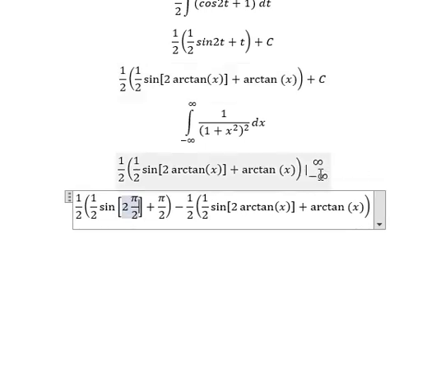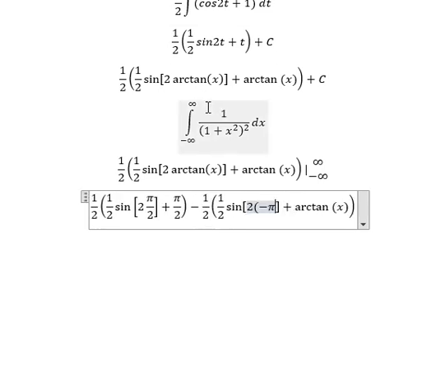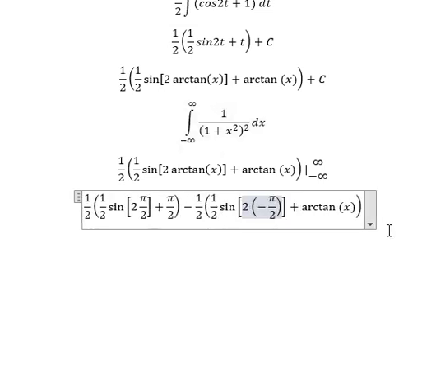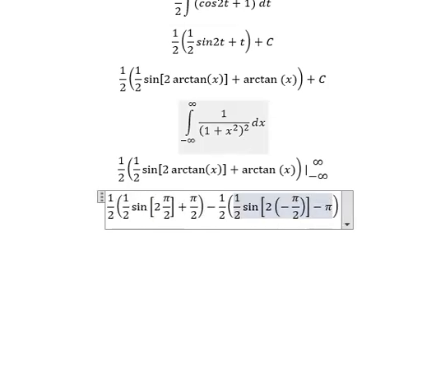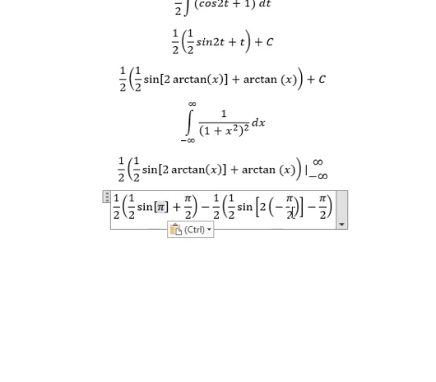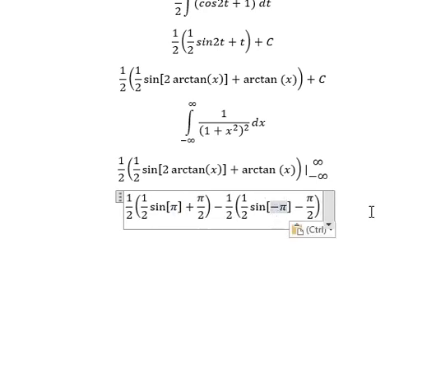When s approaches negative infinity, this one will be negative pi over 2. We know that number 2 simplified by number 2, so we have pi. Similar for this one, and we have negative pi.